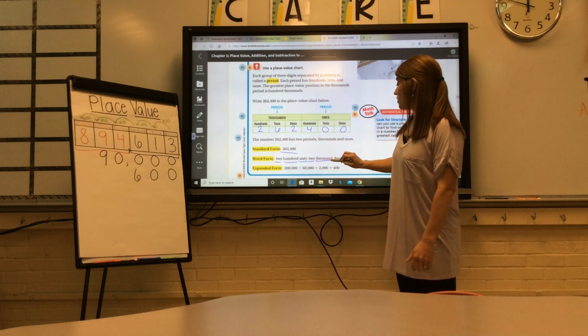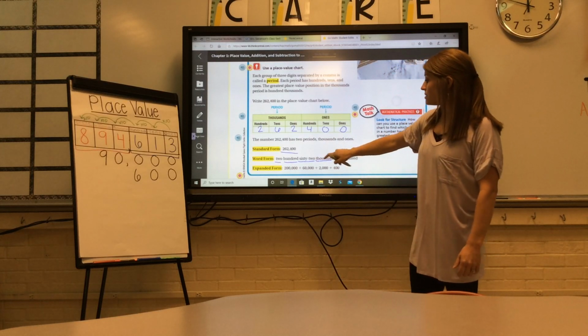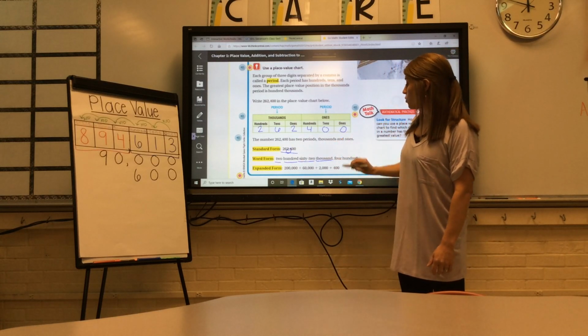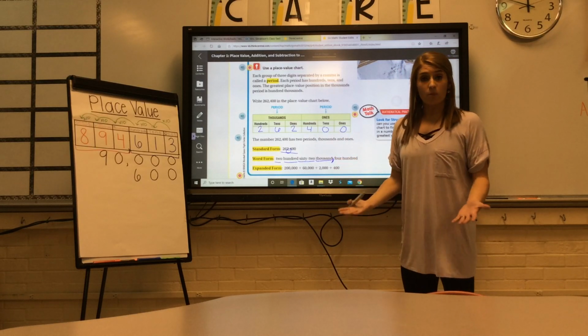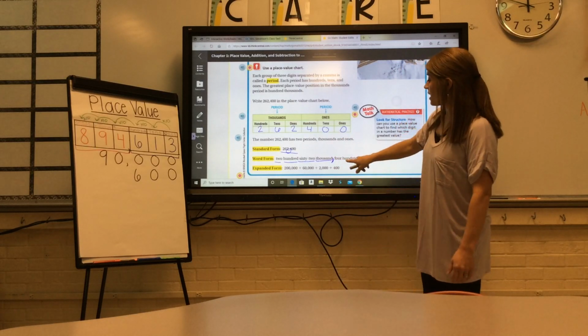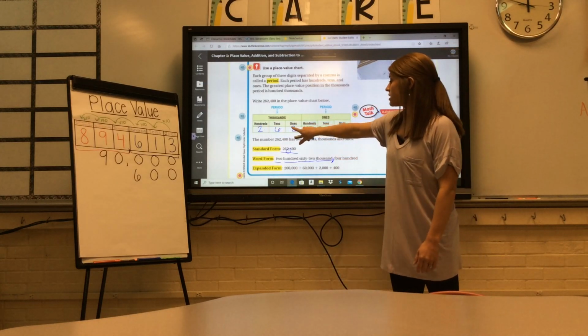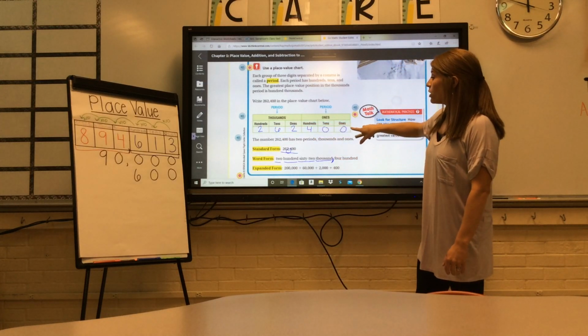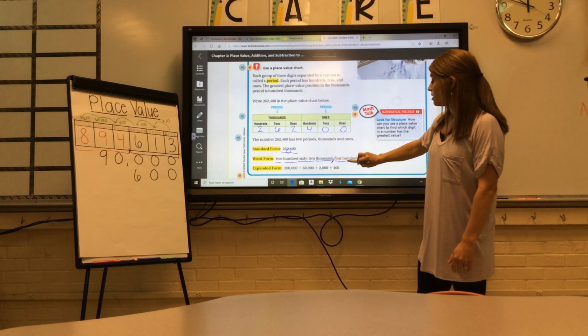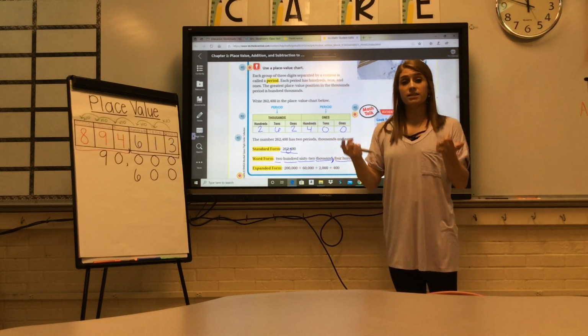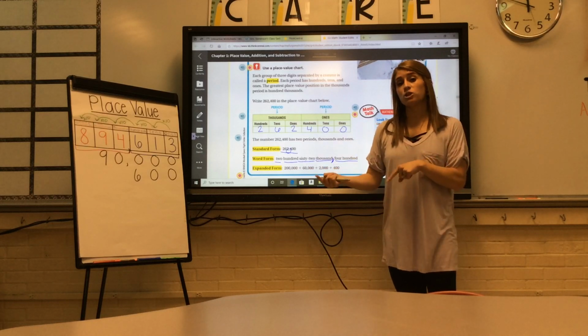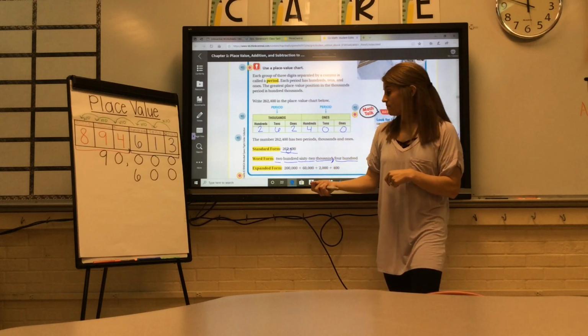So then I would write the word 1,000. And the same place that you have the comma in the standard form is where you'll put the comma in your word form as well. And then that last little bit, 262,400, and then I would just write 400 for our word form. So the way that you say the number is the exact same way that you would write the number, okay?